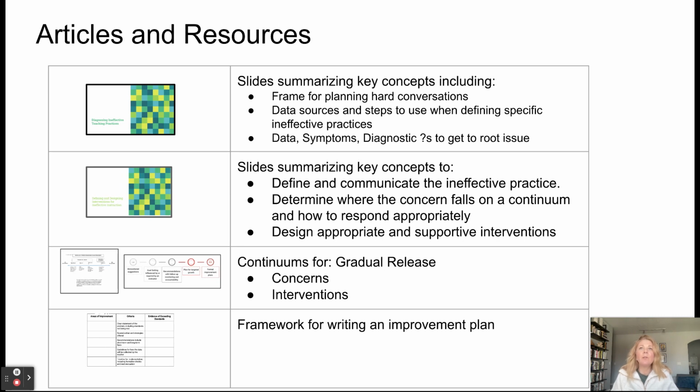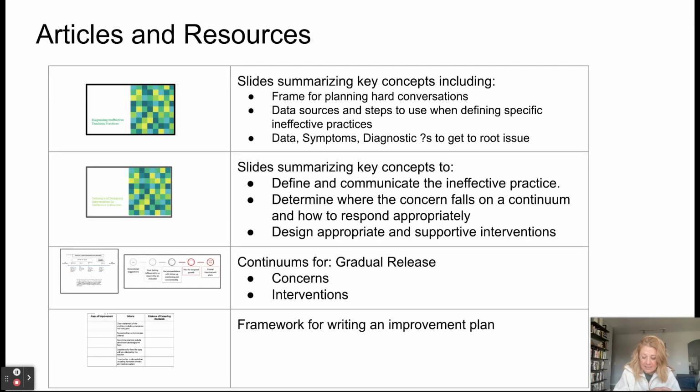Again, in my work with principals, when I am helping them think through how to identify that leverage point or that main problem area, I take them through those diagnostic questions to really get at the root issue. Because when you're working to improve practice, you can't address a million things all at one time. You really want to get to that root issue, and not even the surface issues.